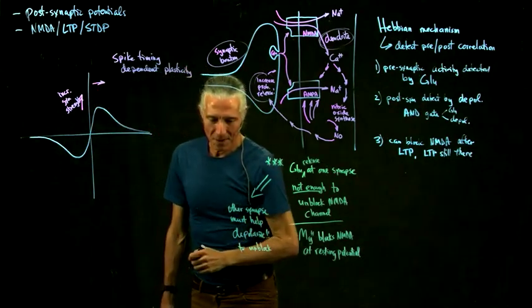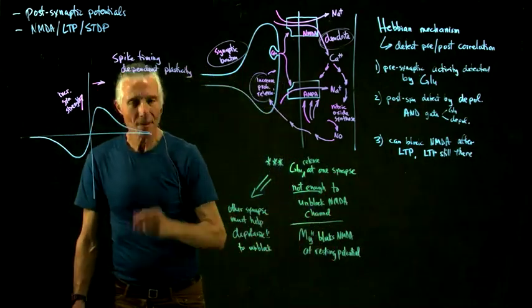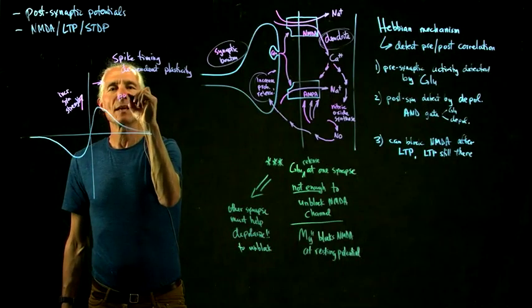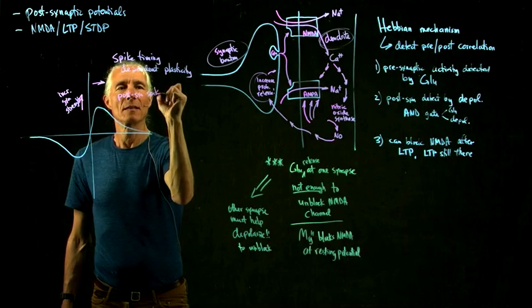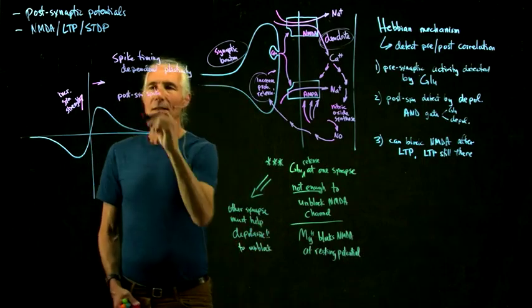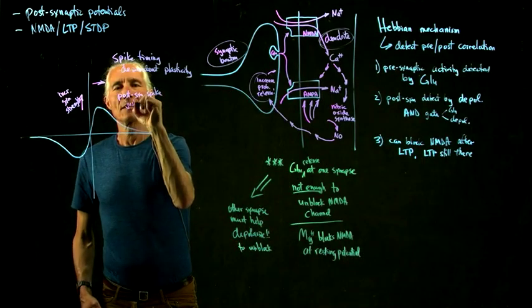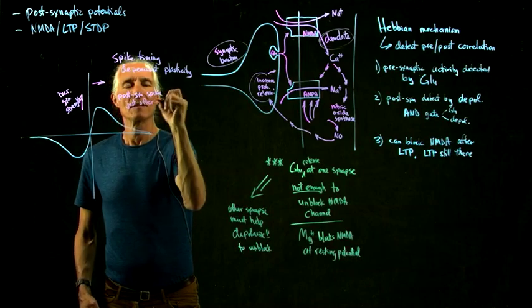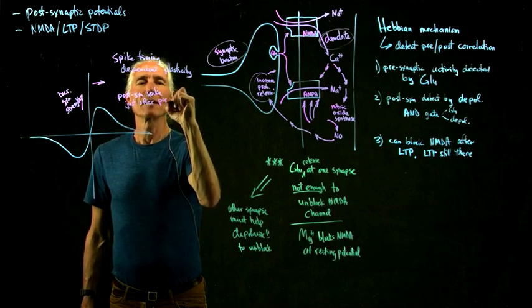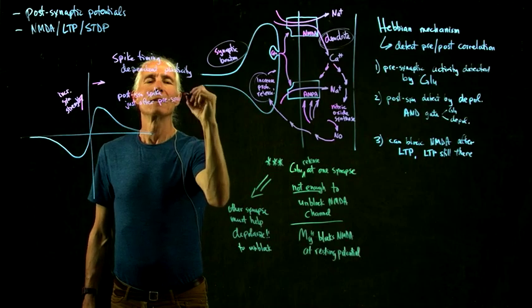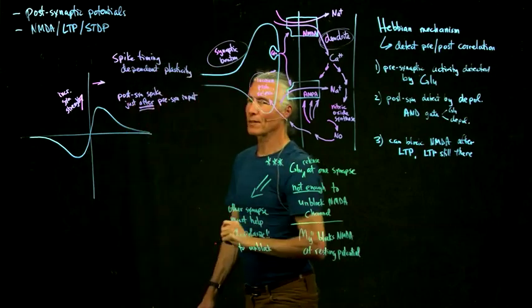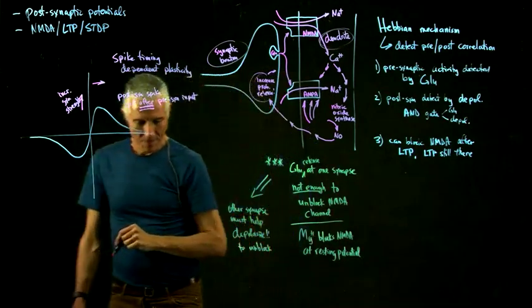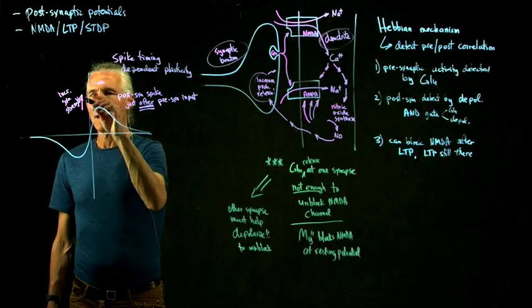So if the postsynaptic spike comes just after presynaptic input, then you increase your synaptic strength.